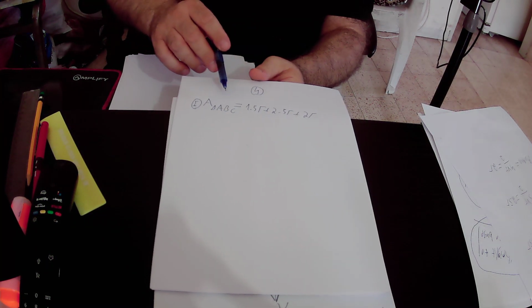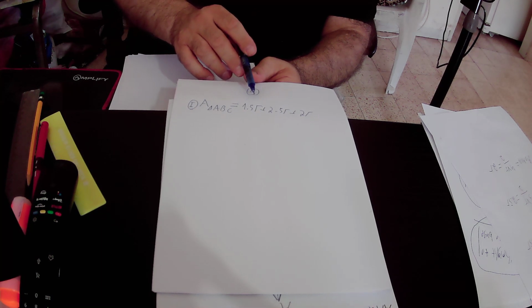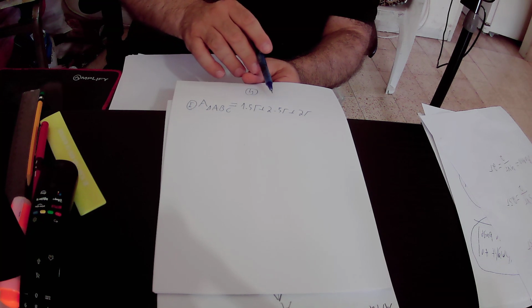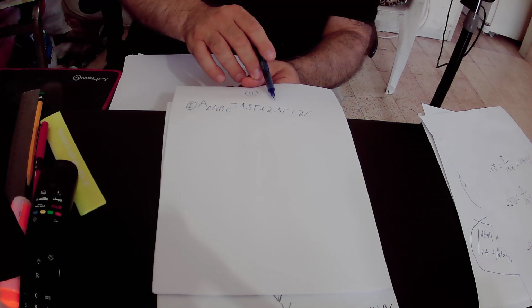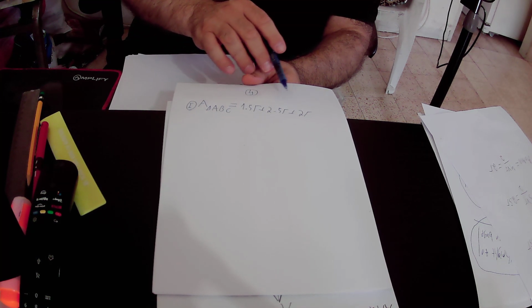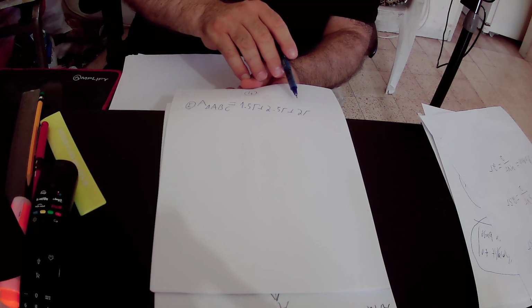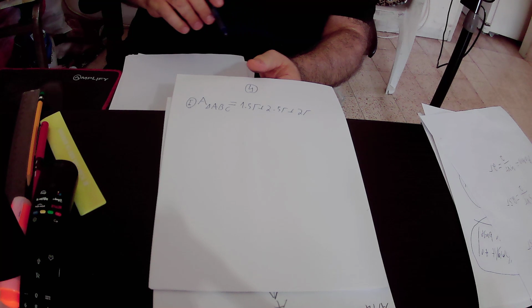Okay, so the area of the big triangle ABC equals the area of the green triangle, that is 1.5 times the radius of the circle, plus the area of the yellow triangle, that is 2.5 times the radius of the circle, plus the area of the orange triangle, that equals 2 times the radius of the circle.